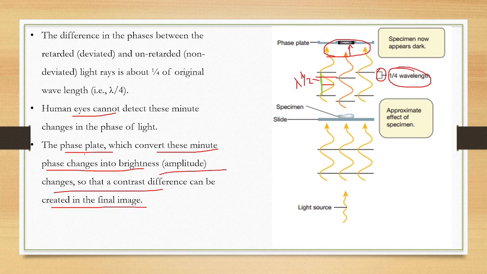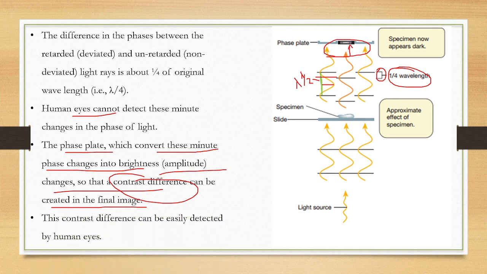So the function of the faceplate is to make a contrast difference between the non-deviated and deviated light rays. So this can be easily detected by the human eye.